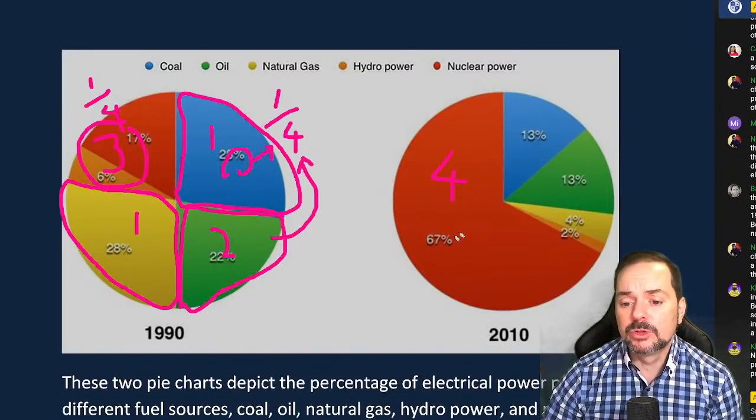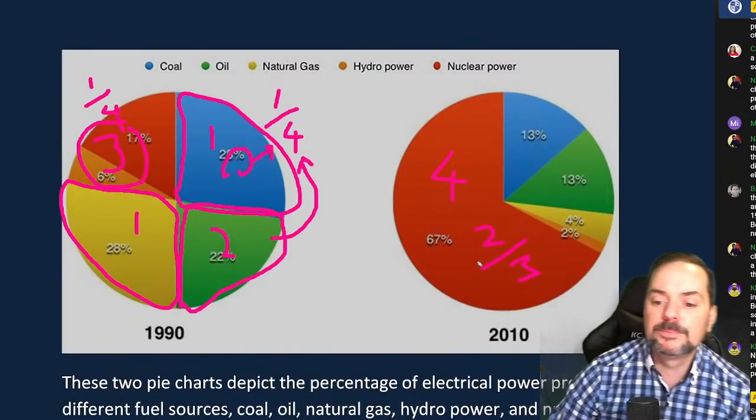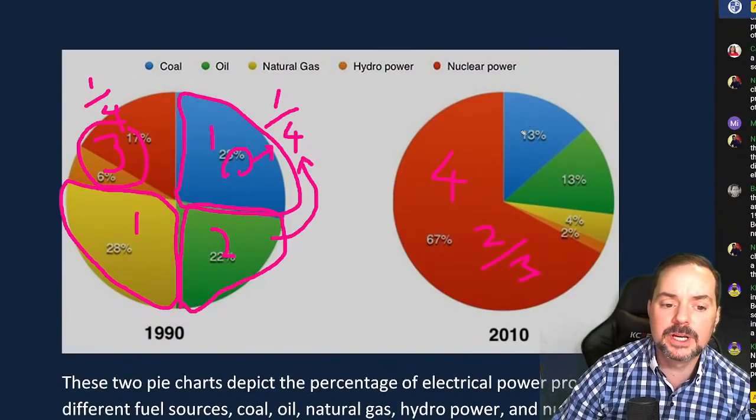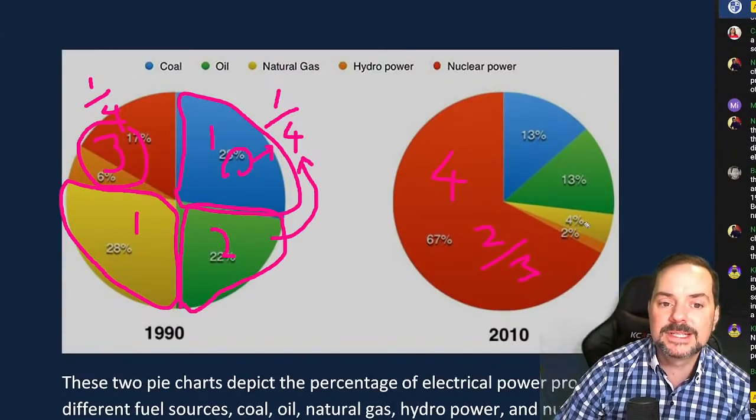In fact, it's more about 2/3 of the electricity in Belgium, and we have a significant reduction for reliance on coal, and even more so on natural gas. Look at natural gas in 1990, it's 28, and then here natural gas is just 4% in 2010. So that would definitely be my 5th point.